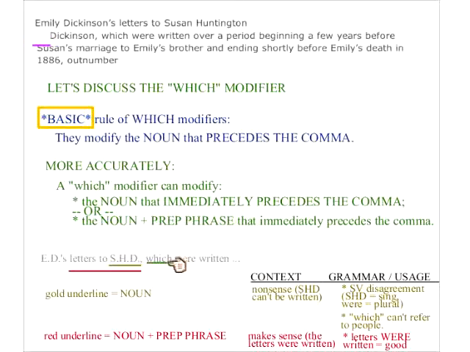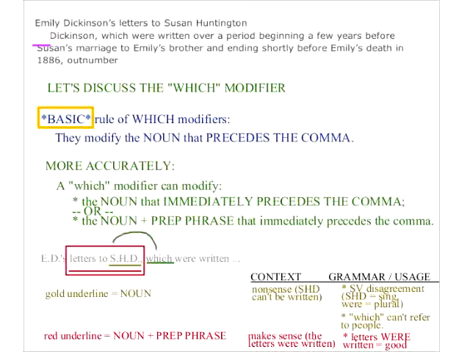You actually do want to use the word which for letters. You don't want to use the word which for SHD, but that's not what we're pointing to. So as it turns out, in this case, the modifier which is actually pointing to all of this, not just Susan Huntington Dickinson.